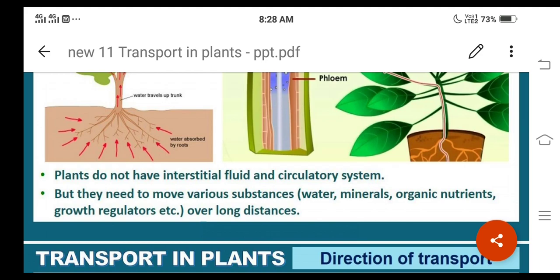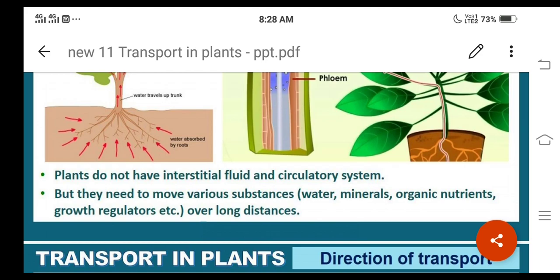Even then they need to move various substances, like water, minerals, organic nutrients, and even growth regulators or growth hormones. All these should be transported to different parts, over long distances.